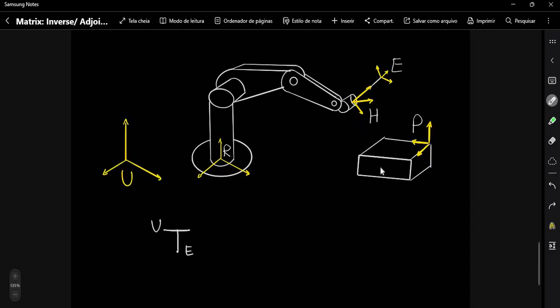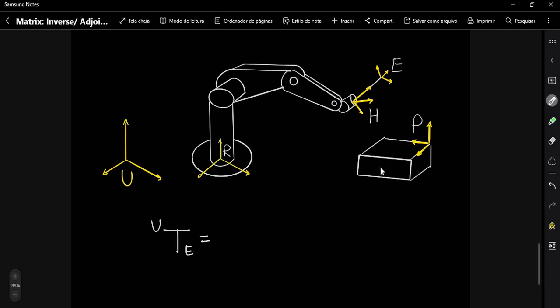So now we have already written a transformation, which is the transformation of the frame E in relation to the frame U, the transformation of the end effector in relation to the universe frame. What we are doing is tracking the end effector based on a reference system.